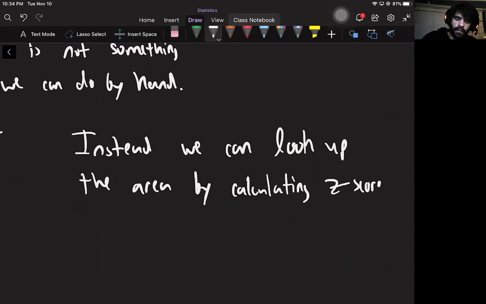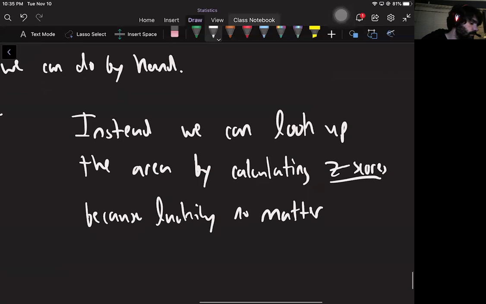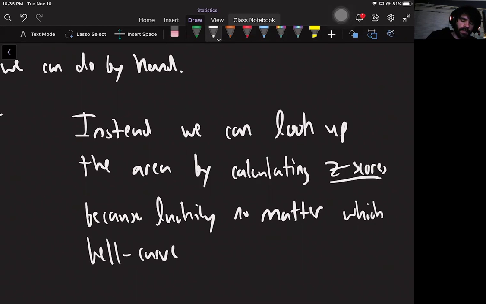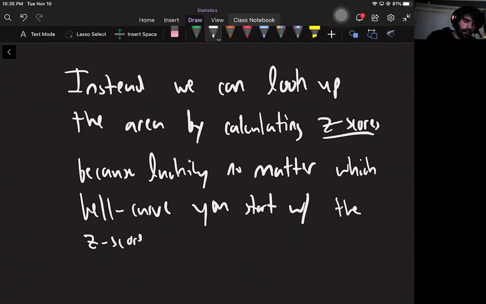So z-scores have come back suddenly, because the idea is that no matter what bell curve you have in your situation, there's a way to translate it into a different bell curve. No matter which bell curve you start with, the z-score translates your interval that you're looking at.